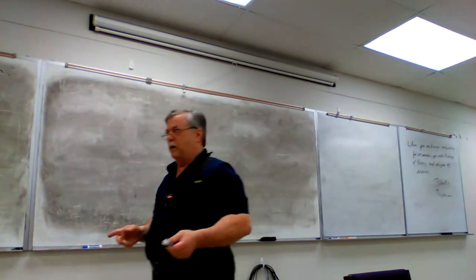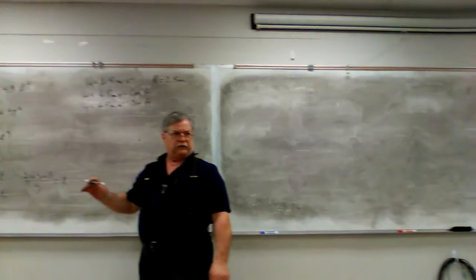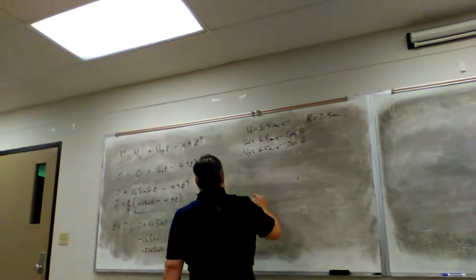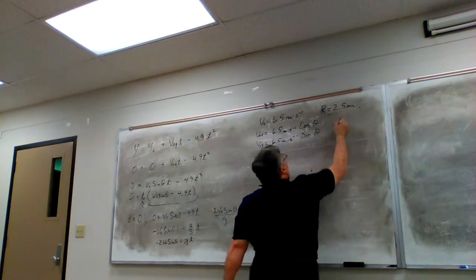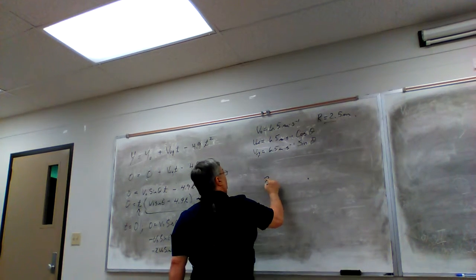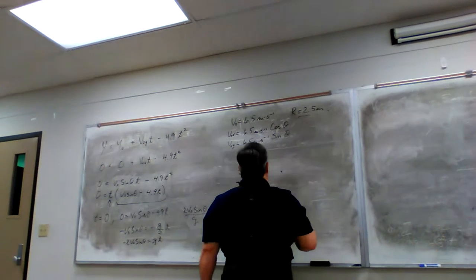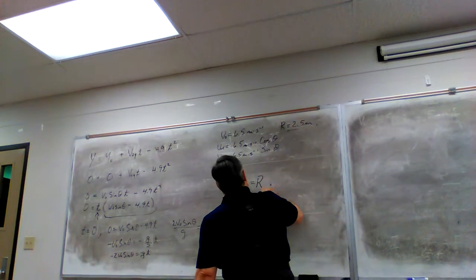Now, what we also want to know is how far is this thing going to go? We can also write the distance that it's going to travel. It's 2.5 meters, which is the range that we're solving for.